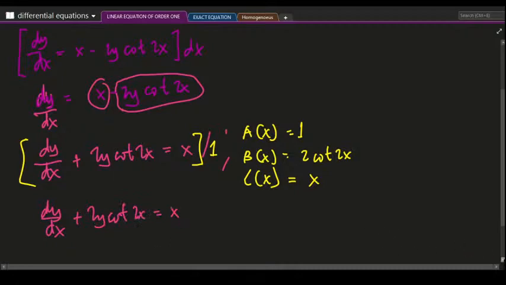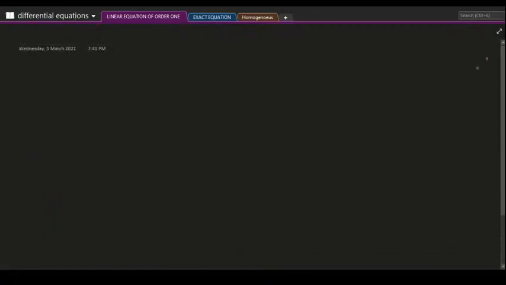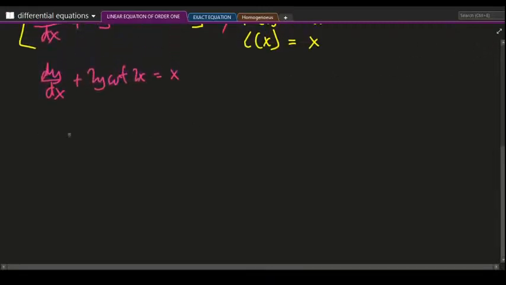Then we need now to get our integrating factor. This one is our p, so our p is equal to 2 cotangent 2x.